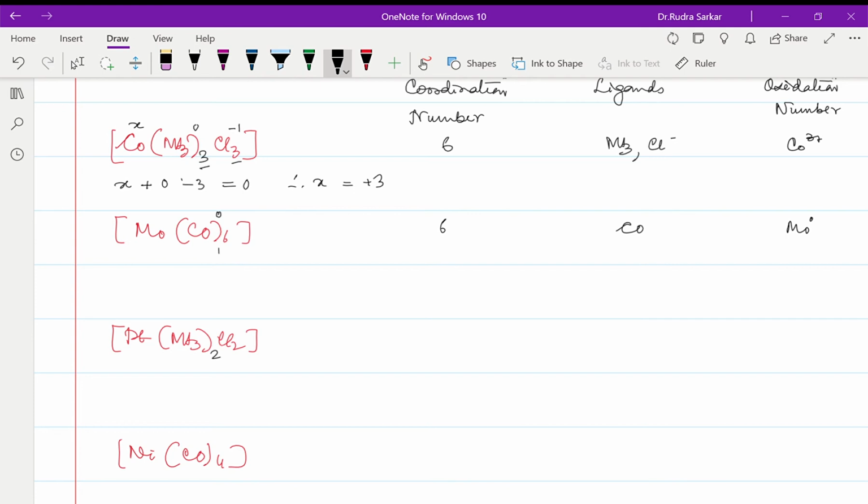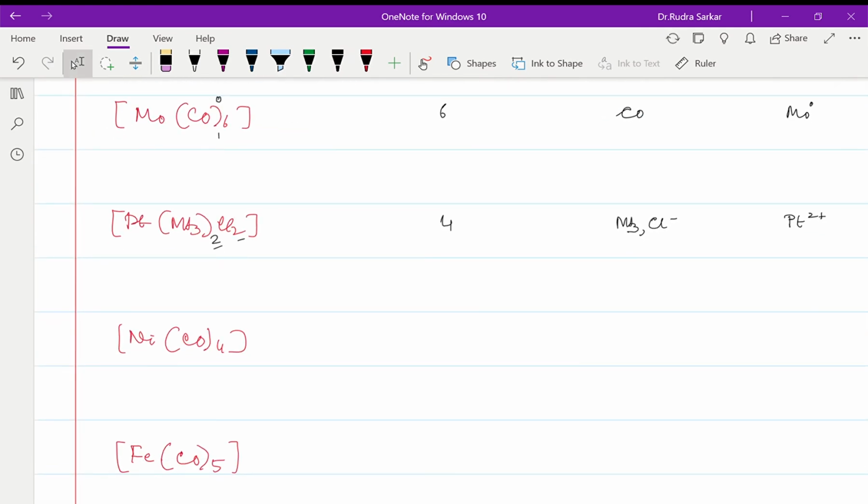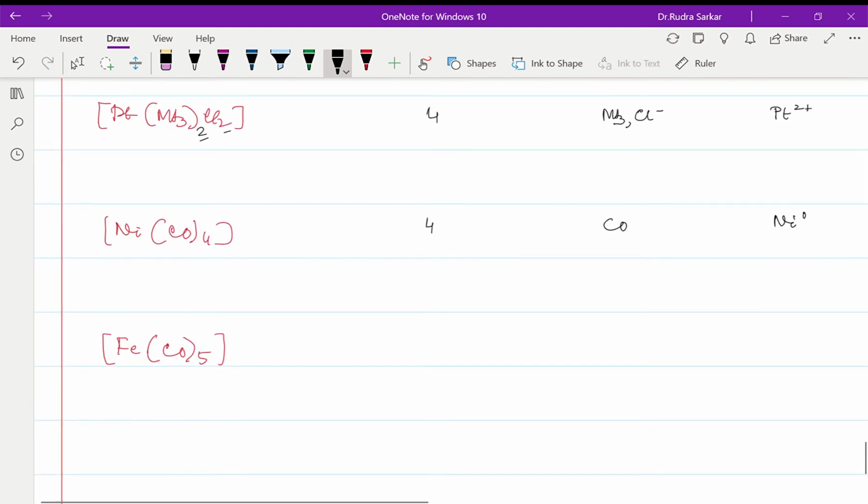Here it will be 2 and another 2, so 4, then NH3 and Cl minus, and substitution +2. Very good. Next one. Here it will be 4 CO and Ni 0. Next one. Here it will be 5 CO and Fe 0.